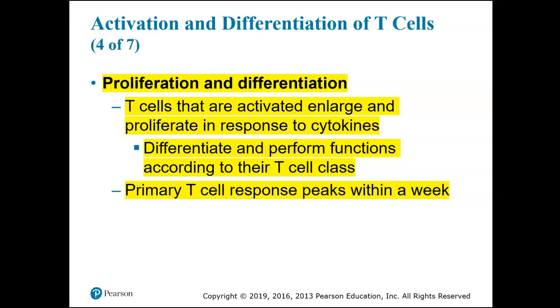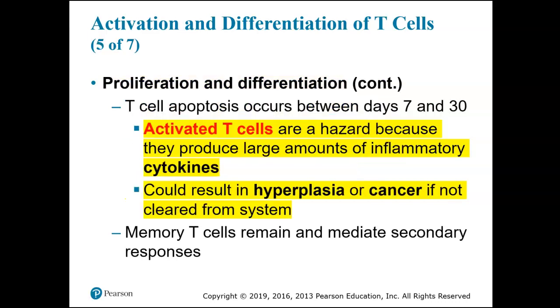Then there's proliferation and differentiation, which is when the T cells are activated and they begin to divide and they differentiate to become memory T cells or helper T cells or cytotoxic T cells. Activated T cells are a hazard because they produce large amounts of cytokines, which induce the inflammatory response.